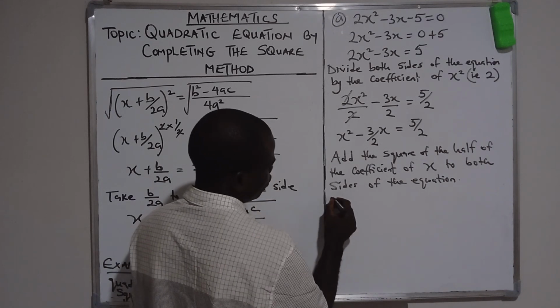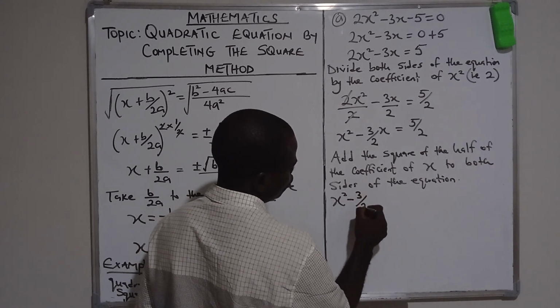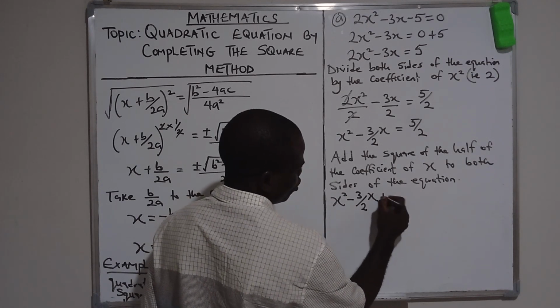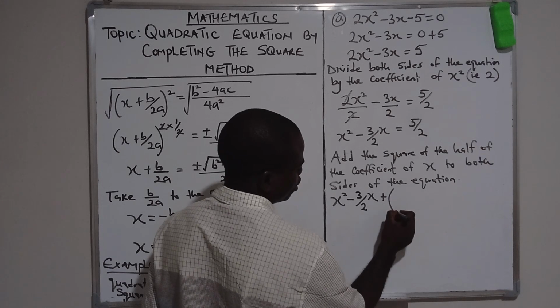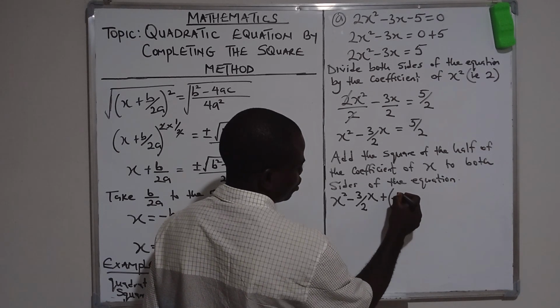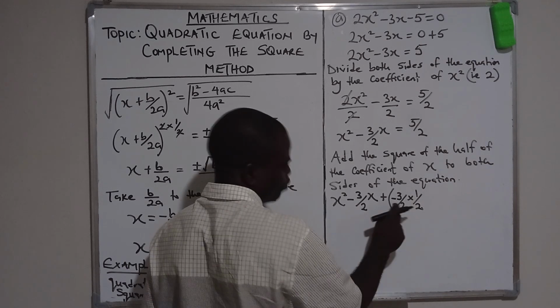You have x squared minus 3 over 2x. What is the half of this? That's plus, open brackets, minus 3 over 2 times half. That's half of the coefficient.